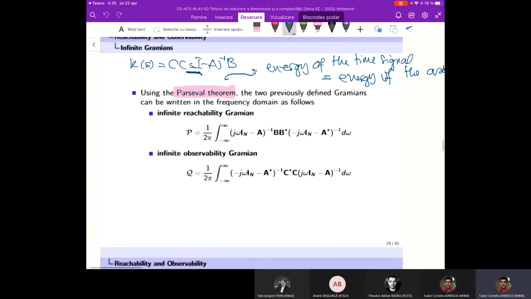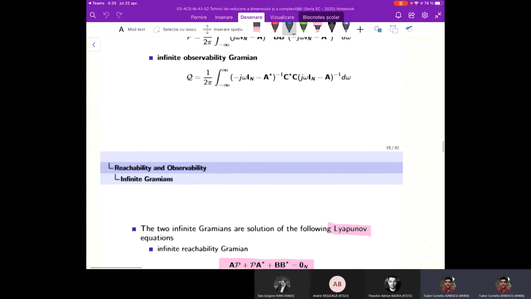We are also showing that the gramians P and Q have specific forms in the frequency domain. This is due to Parseval's theorem, a result from signal theory, from signal processing.